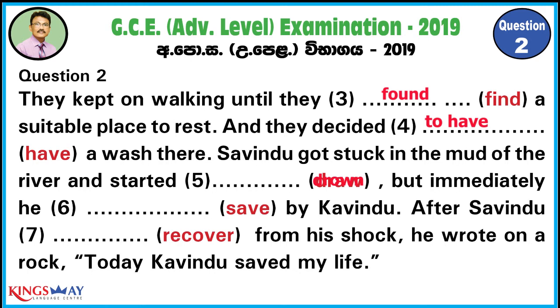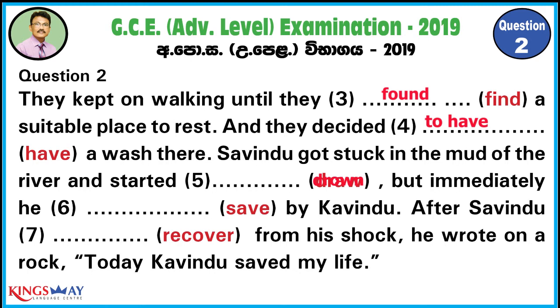Savindu got stuck in the mud of the river. Savindu got into the water and he got stuck in the mud. He got stuck in the mud means he got into the mud and he cannot come out of the mud now. Stuck in the mud of the river, and also started, blank.